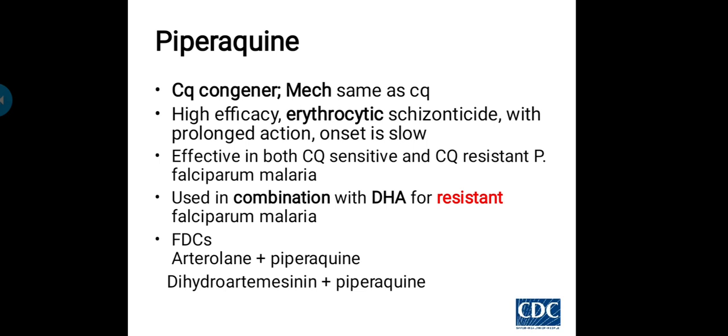So piperaquine is not used alone, though it is a highly effective drug for falciparum malaria, and not only that, also against chloroquine-resistant Plasmodium vivax malaria, and it is an erythrocytic schizonticide. Mechanism of action is the same as chloroquine.